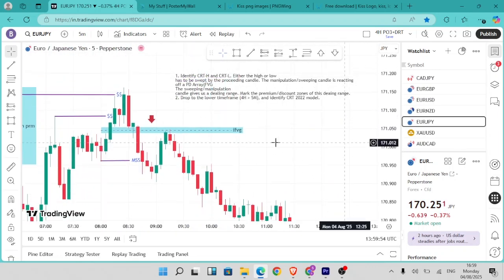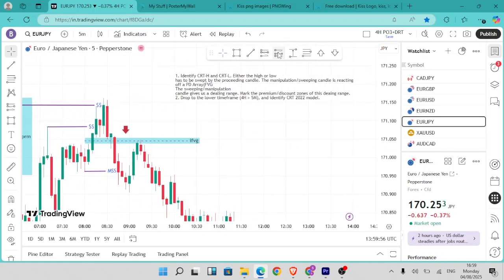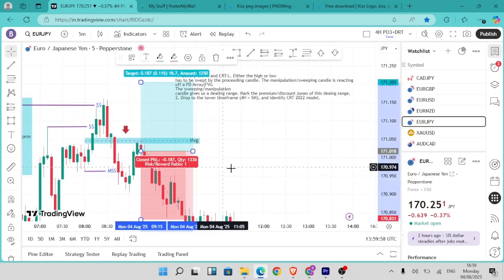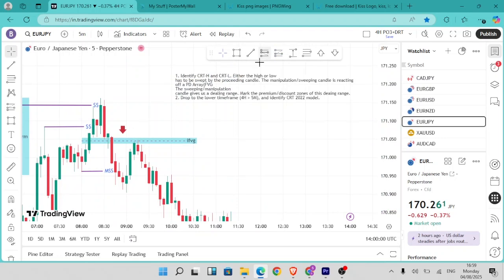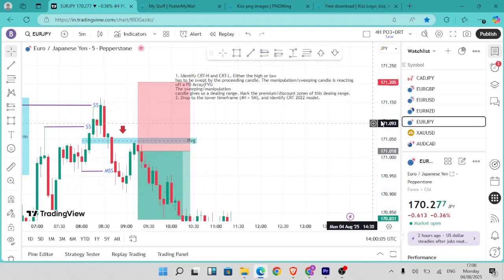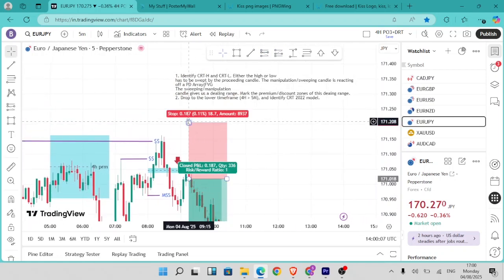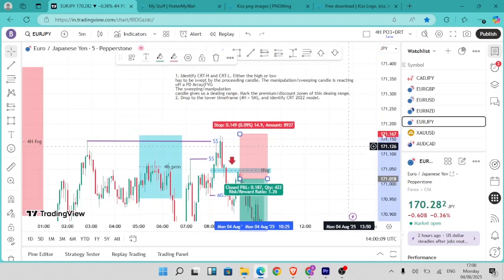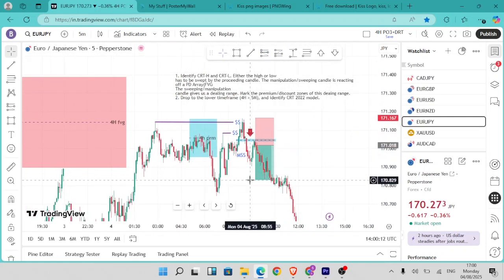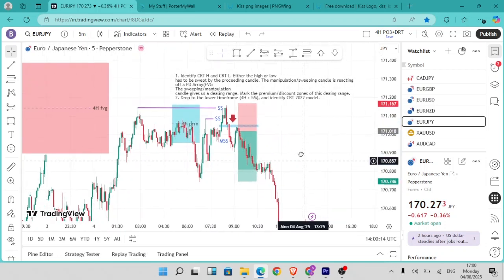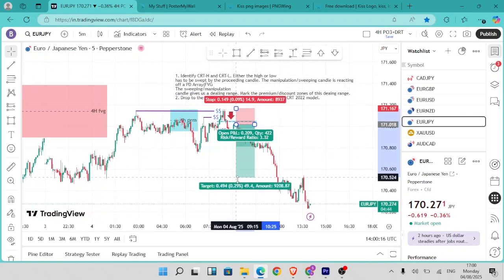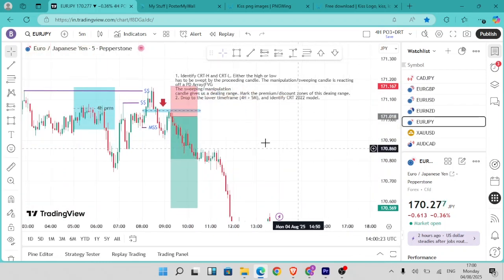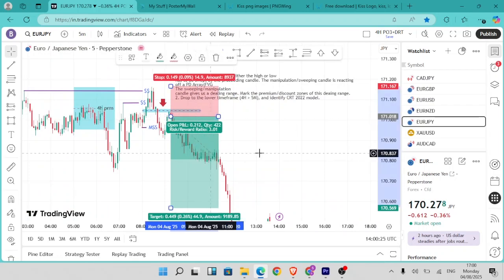The ICT 2022 model tells you to take your trade once a candle closes outside this area, stops right above there, and take profit, maybe at that 1.8 or this 3.56, or you can take a strict risk reward ratio of 3, right?